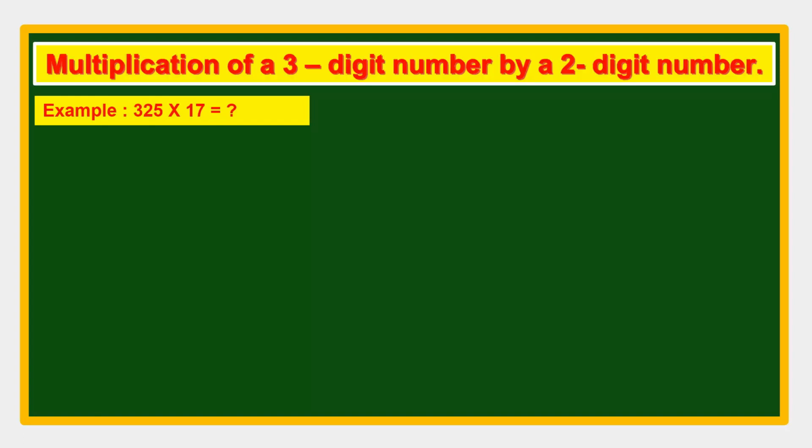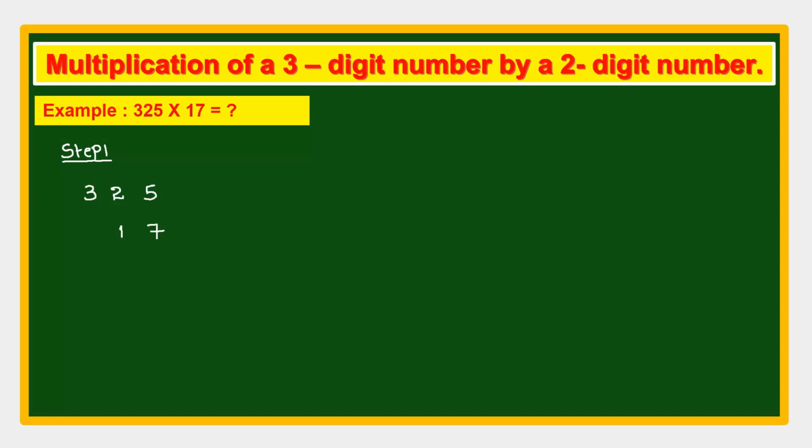Students, now I will explain multiplication of a 3-digit number by a 2-digit number. It means multiplying a 3-digit number and a 2-digit number. So I will explain using the shortcut way. Step 1. First we have to write 325 and 17.